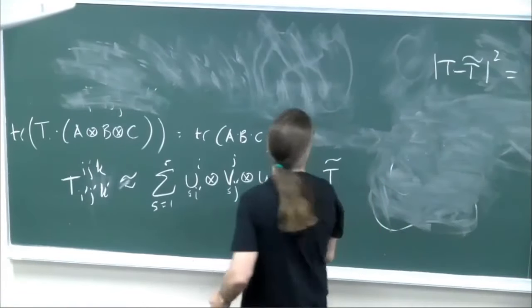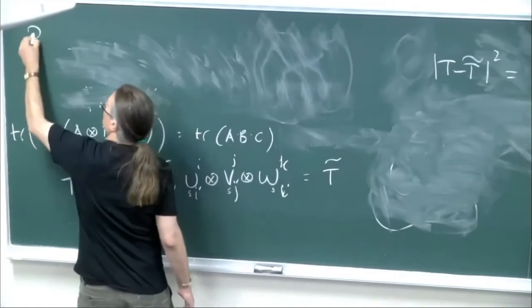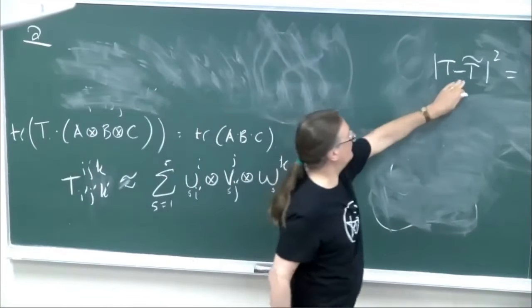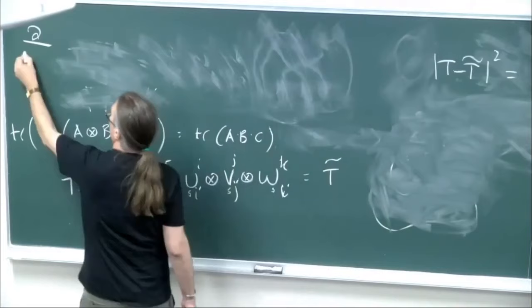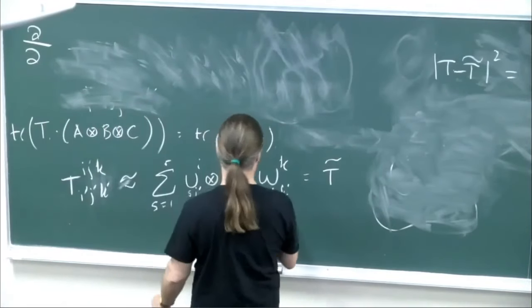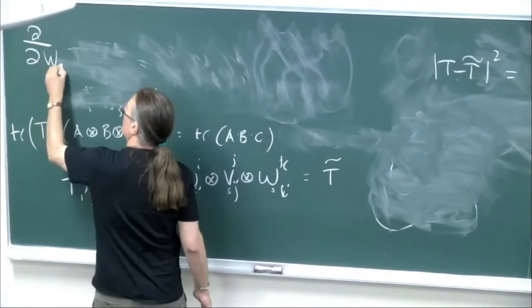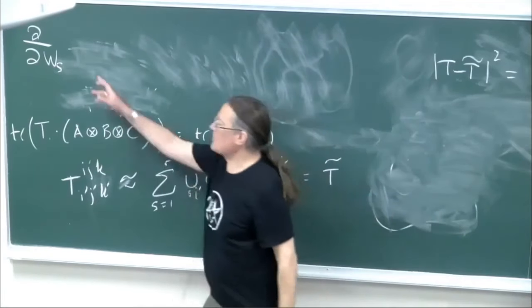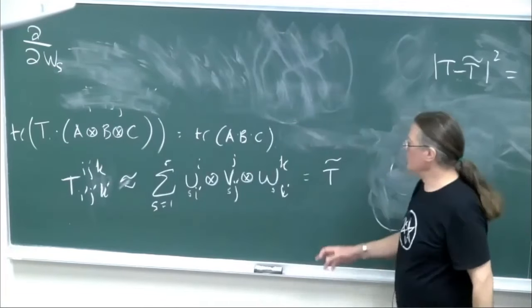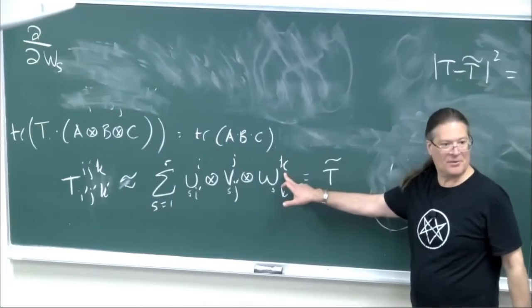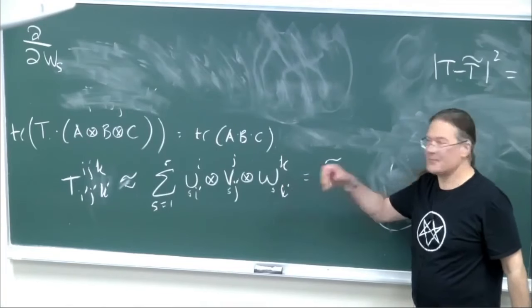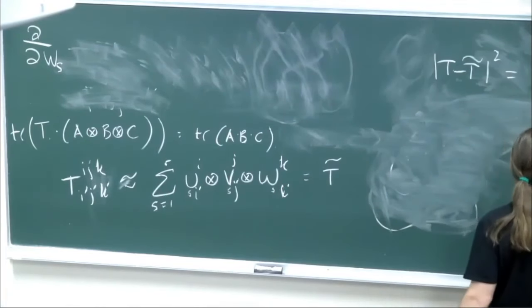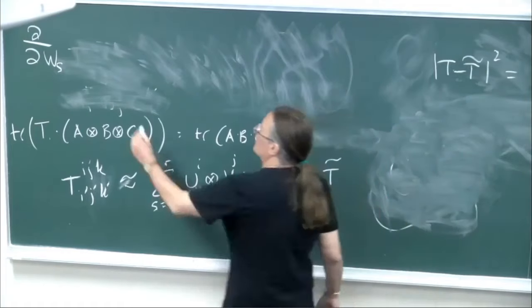Good. So I'm going to take the partial derivative of this with respect to the entries of one of these matrices, say WS. And what I mean by this is the matrix of partial derivatives with respect to the different entries of WS. Because I'm trying to minimize this. And what do I get?